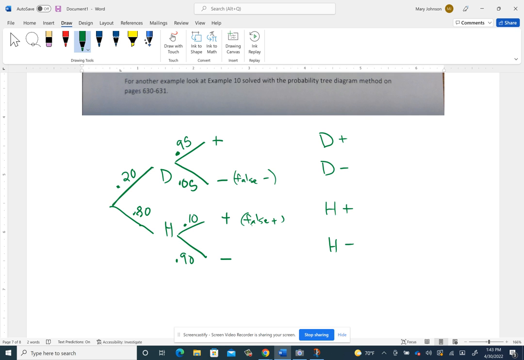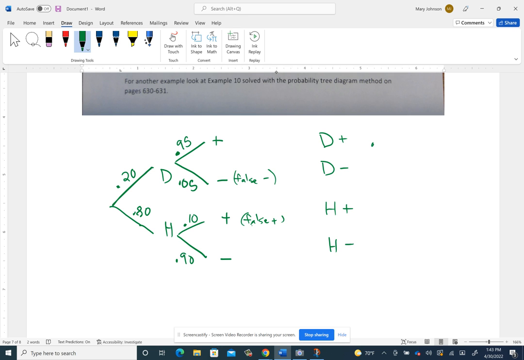Let me find my phone so I can do the calculations there. Let me get the probabilities for each of these cases. Let me go over to my calculator and just multiply those.